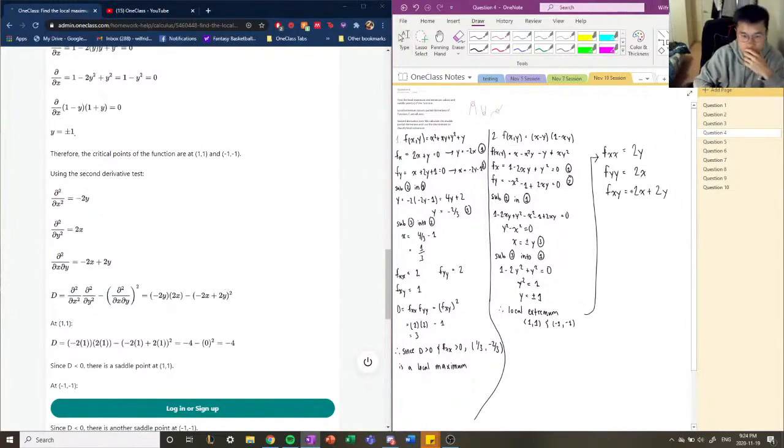Oh, there should be a negative. Okay, so now we're going to take our discriminant.